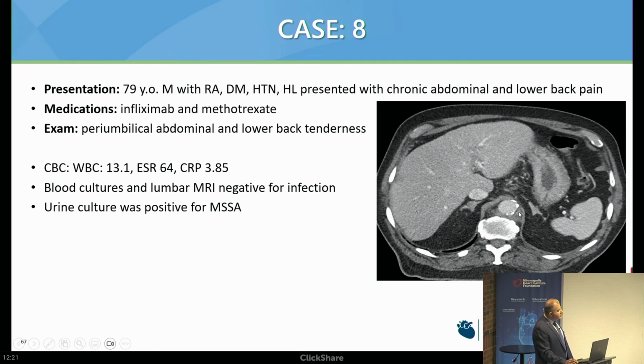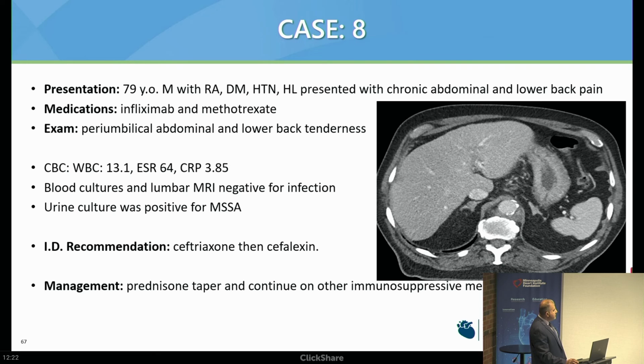So is this inflammatory because of rheumatoid arthritis, or infectious because of that UTI, or is there a little bit of contained rupture because of the atherosclerotic disease? We monitored the patient very carefully, and ID recommended treating the UTI, and we put him on steroids and kept him on immunosuppression.